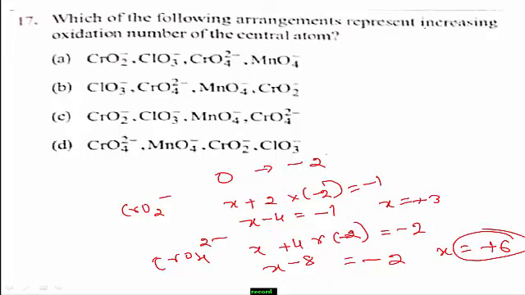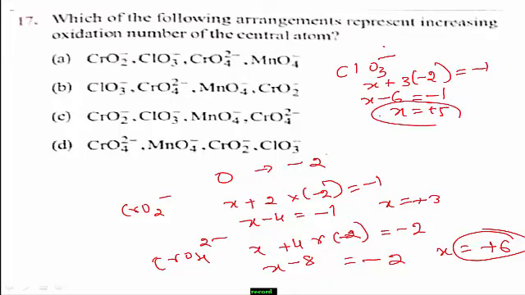Next, in ClO3 minus, here X plus 3 into minus 2 is equal to minus 1. X minus 6 equal to minus 1, or X equal to plus 5. Right. Next, in another option, MnO4 minus.